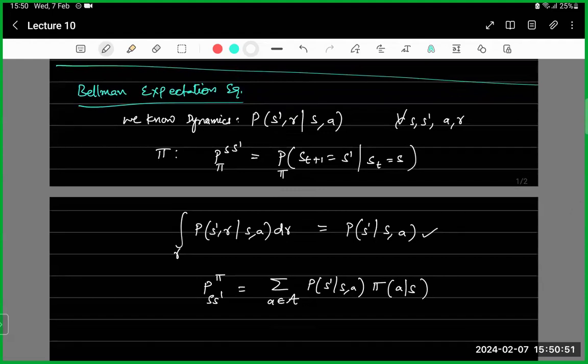If you are in some state S, and you take the action according to pi, this gives the probability that I'll go to S dash.